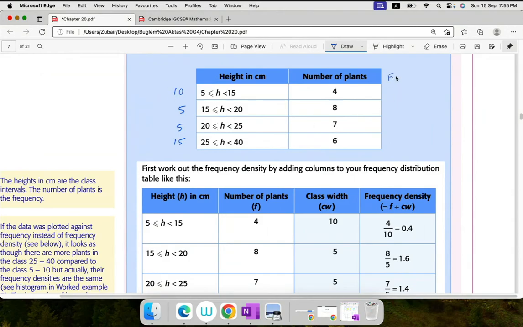Now I need the frequency density. What was frequency density? Frequency density is frequency divided by class width.